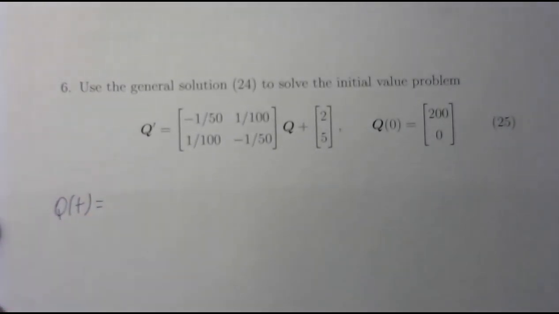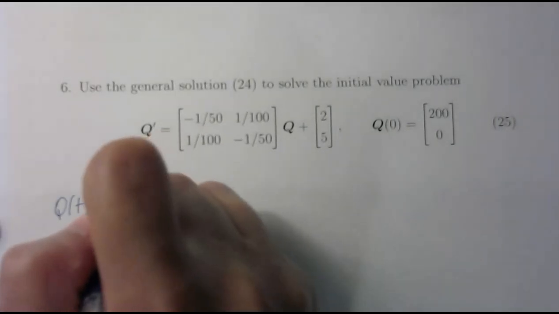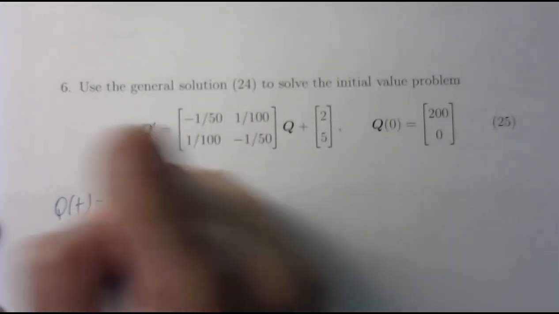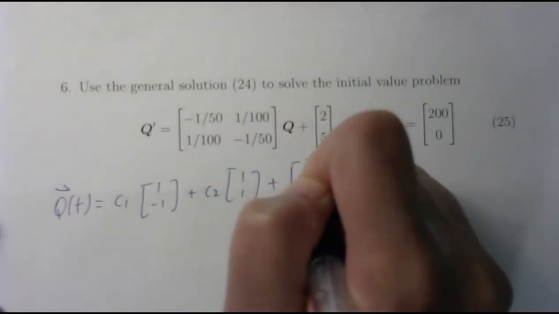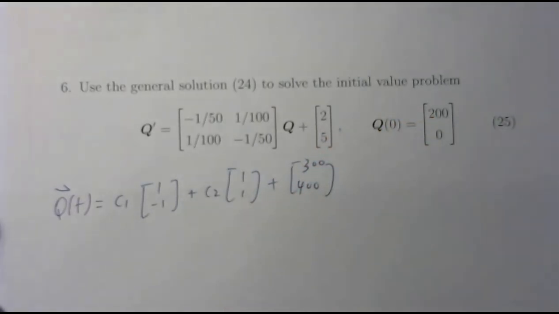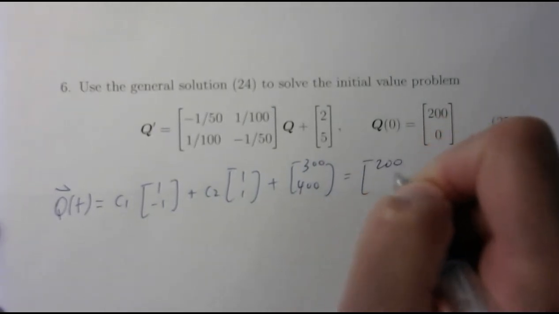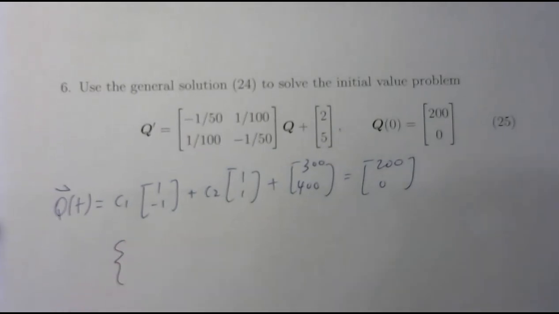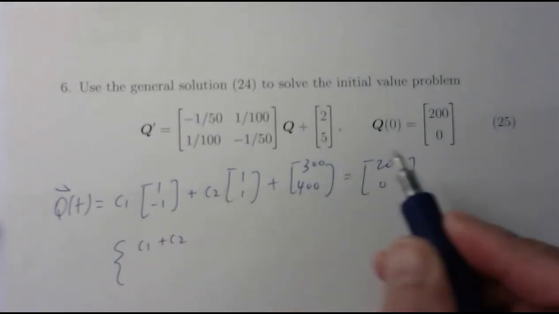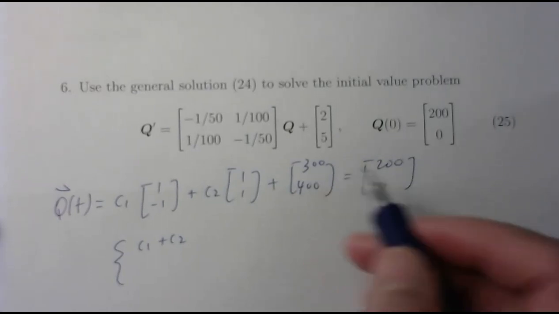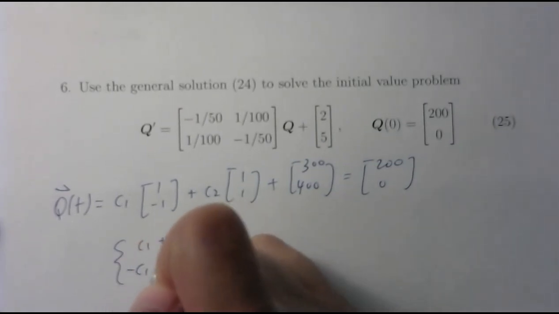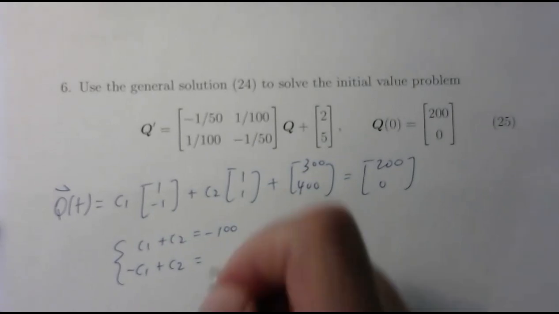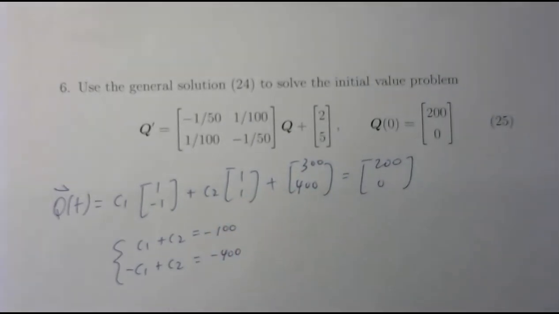So Q(t) is going to be C1 (1, -1) plus C2 (1, 1) plus (300, 400), and that should equal (200, 0). So the system of equations is C1 plus C2, and then 300 moves over, so it's equal to minus 100, and minus C1 plus C2 is equal to minus 400 here.